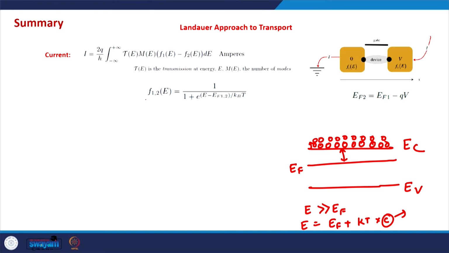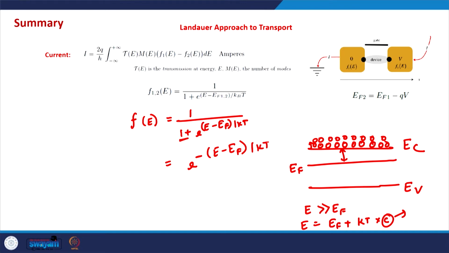So, in that case, in this Fermi-Dirac distribution function, this exponential term becomes large as compared to 1, and it can be approximated by the Maxwell distribution function.